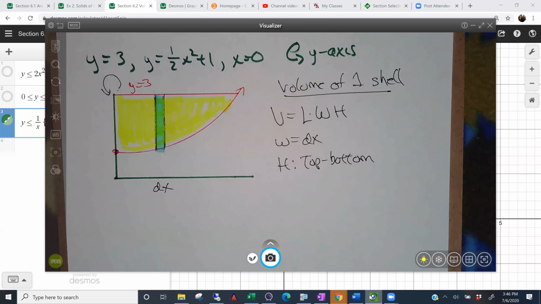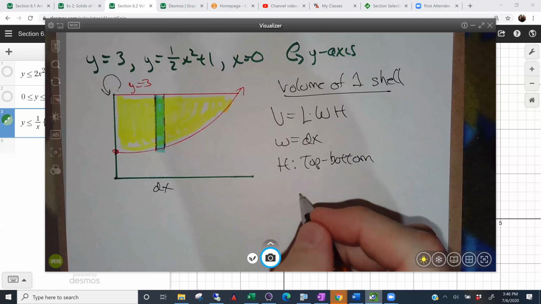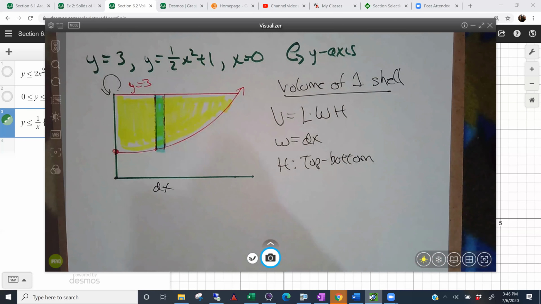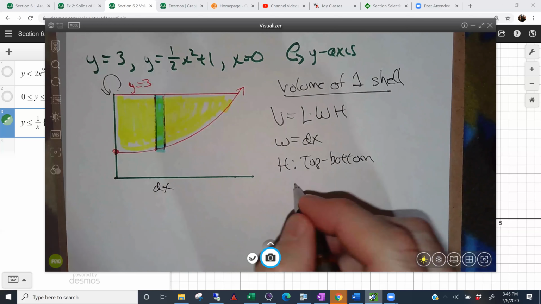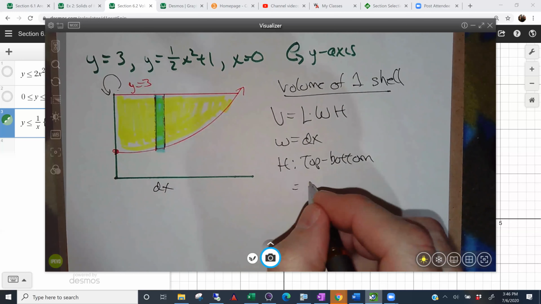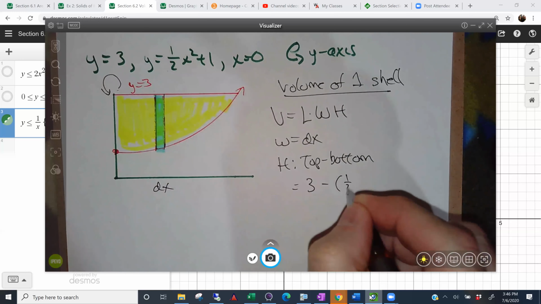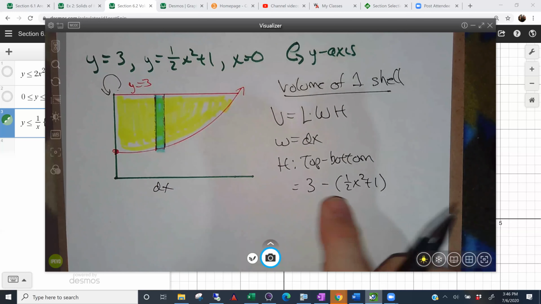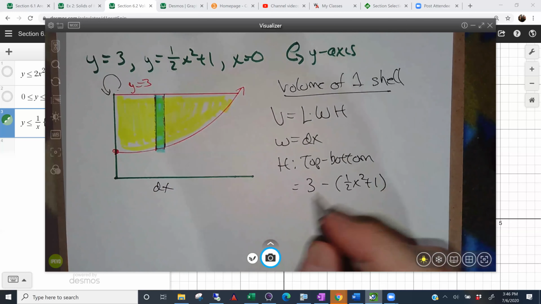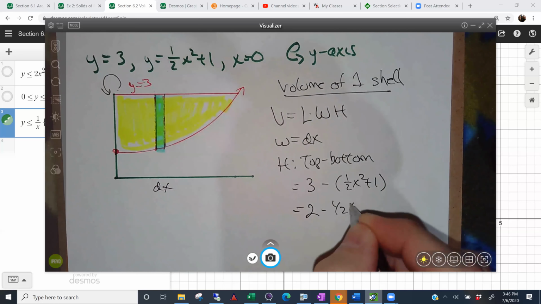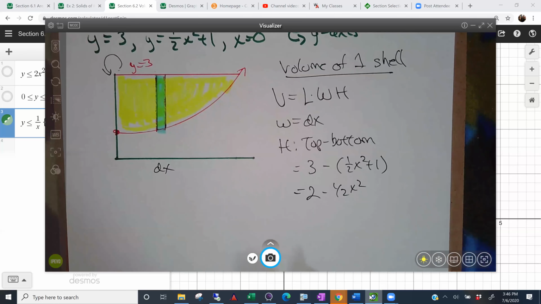What's top minus bottom going to be here, please? Tony, maybe you can help out. 3 minus 1/2 x squared plus 1. Perfect. So it's going to be 3 minus 1/2 x squared plus 1. Now, if you distribute that, that's going to turn into 2 minus 1/2 x squared. Perfect. Thank you, Tony.